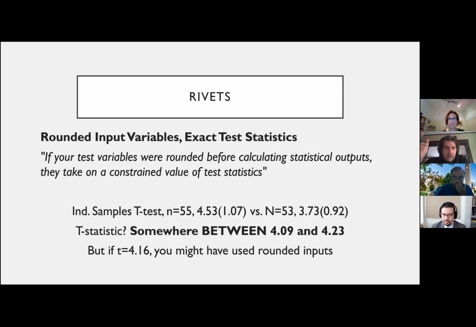And this holds for any other statistical test that is a basic NHST framework, anything: ANOVA, regression, z-test, doesn't matter. That is the number that you would get if you had truncated all the decimals.